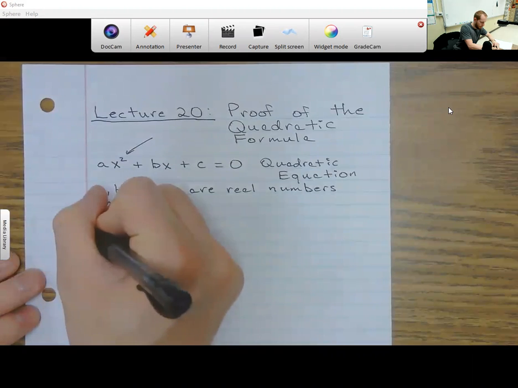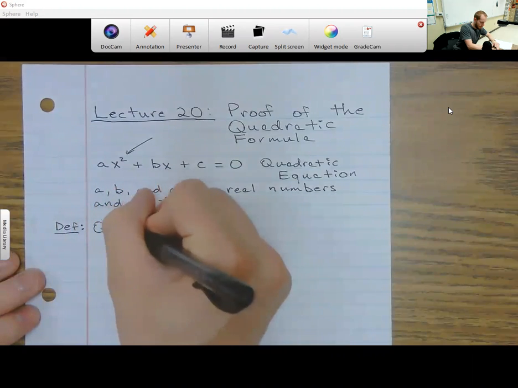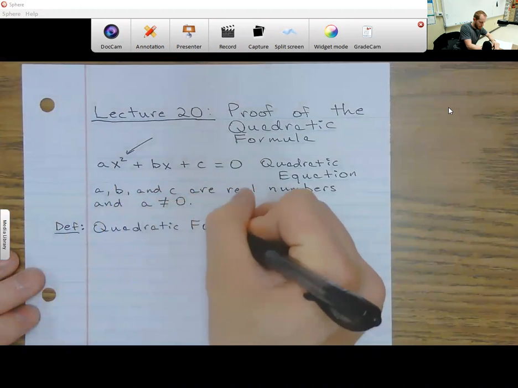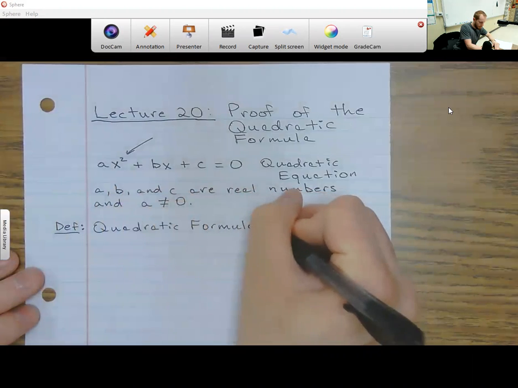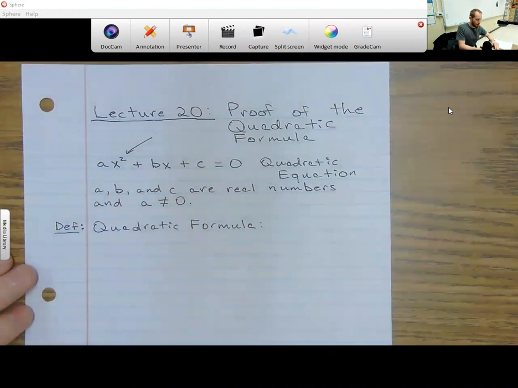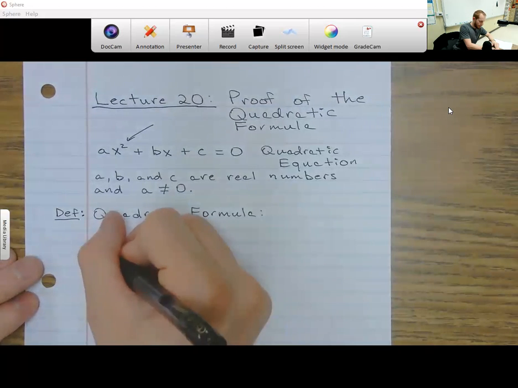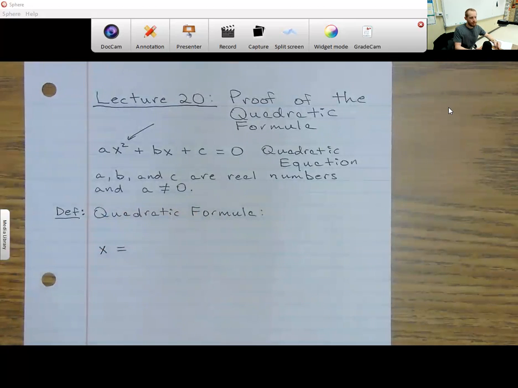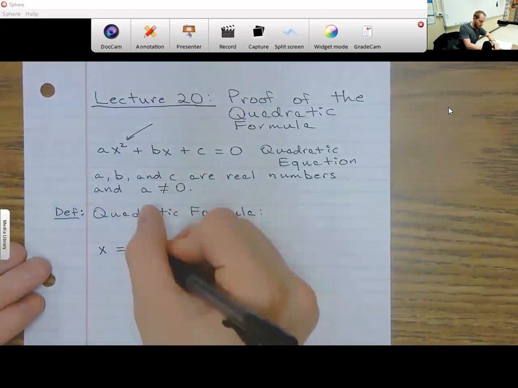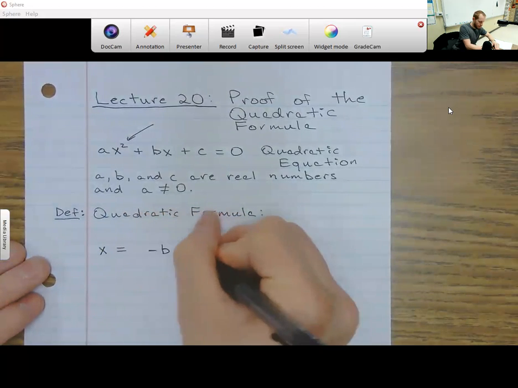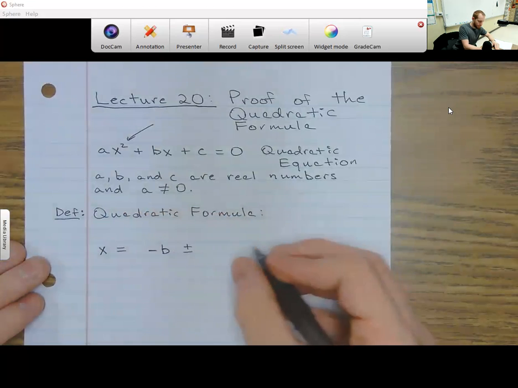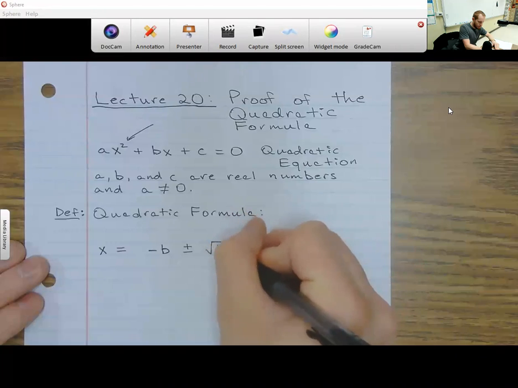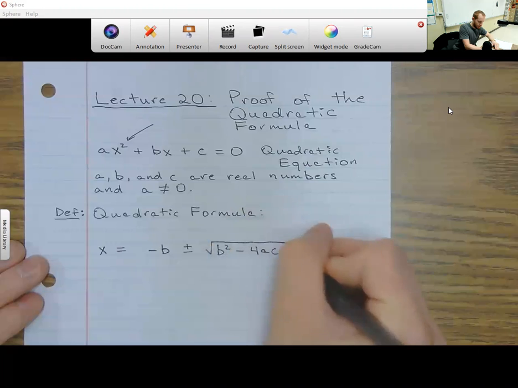So let's do a definition. Quadratic formula. Okay, so here's what the quadratic formula is going to look like. You're going to have an x over here. X is going to be a variable, and it's going to be equal to negative b plus or minus the square root of b squared minus 4ac.